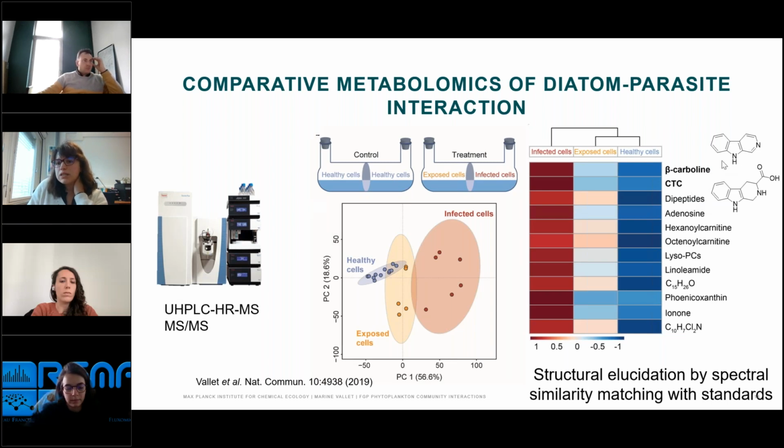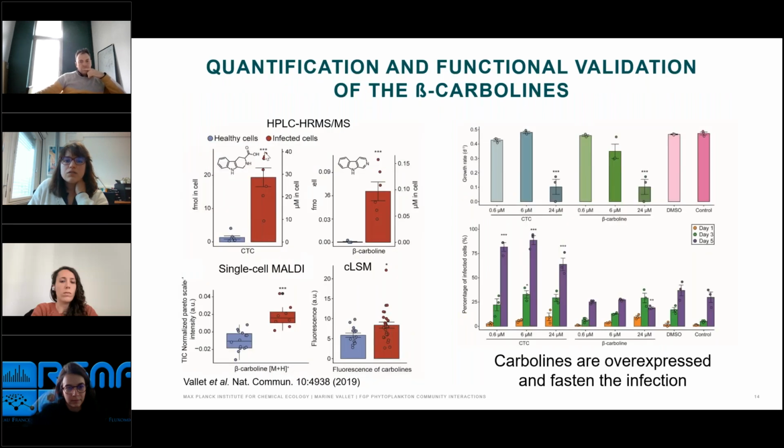That's how we came to identify alkaloids from the beta-carboline family that were associated with the infected cells. And then by doing quantifications based on LCMS and two other analytical methods to confirm it, we could show that these compounds are actually produced by the algae. But during the infection, they will be overproduced.